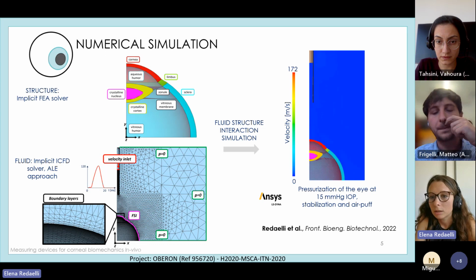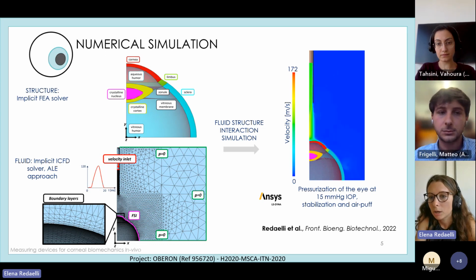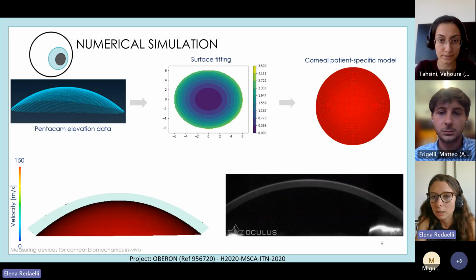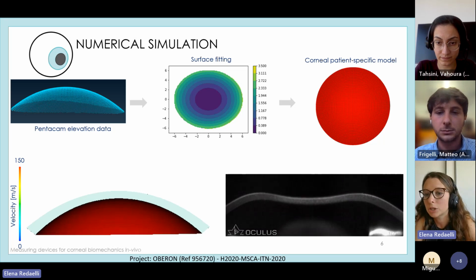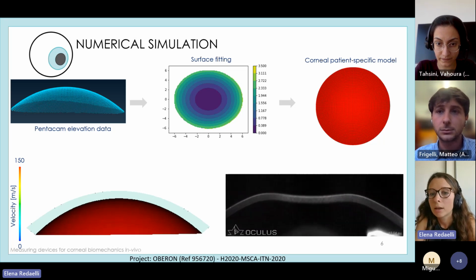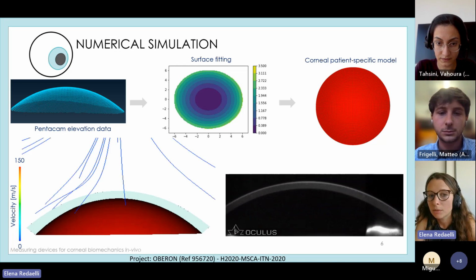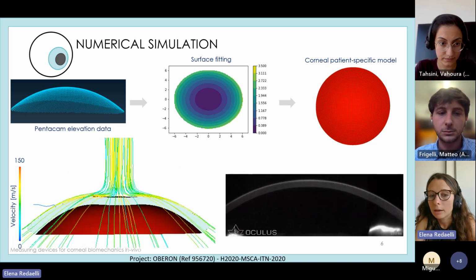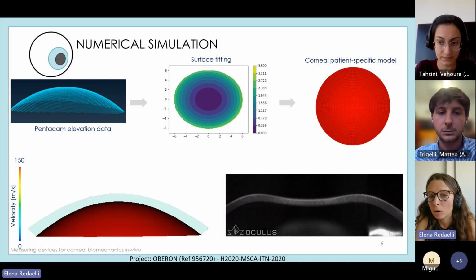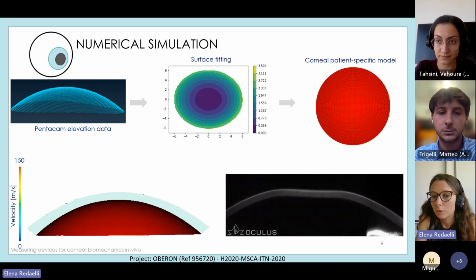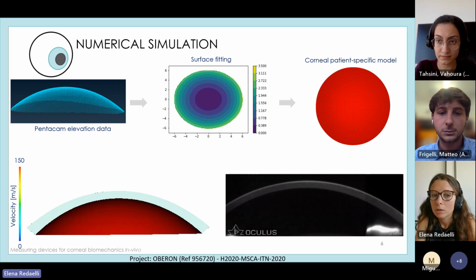You can see that the eye is pressurized at 15 millimeters of mercury from its zero pressure configuration, and then the air jet impacts the corneal surface. This can be performed also with patient-specific geometries, and performing the simulation with patient-specific geometries can lead us to control one of the factors causing the deformation of the eye.